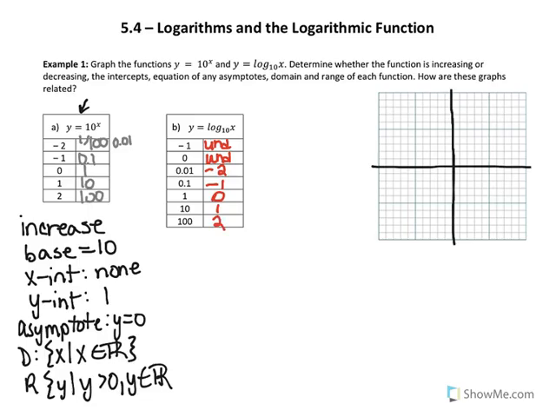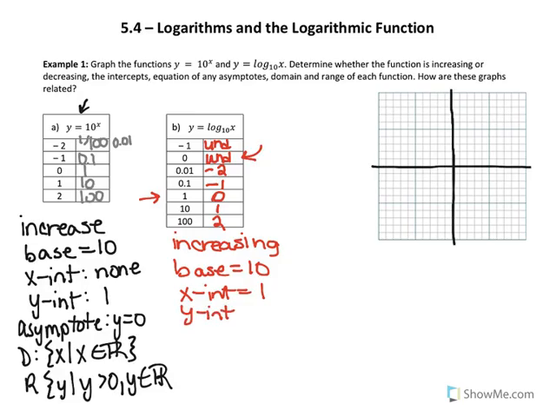So just some things about this. We're getting negative and then we're getting more positive, so I can tell that this is increasing. I also can see that this has a base of 10 because that little number is also called a base in a logarithm. I can see my x-intercept is 1, and because when I plug a 0 in for x it says undefined, we're not going to have a y-intercept.